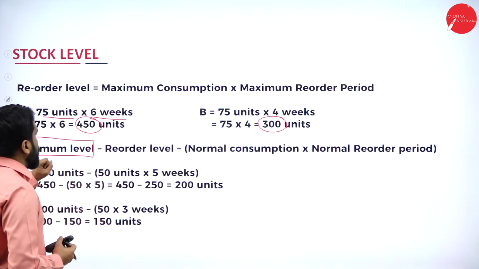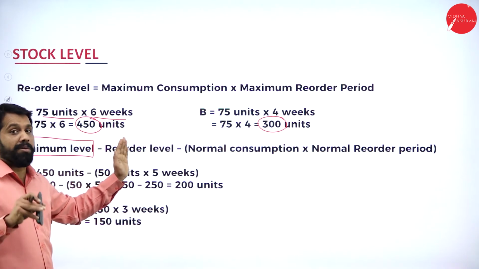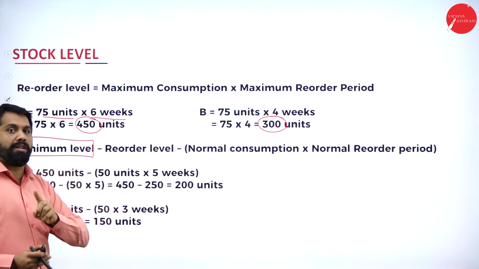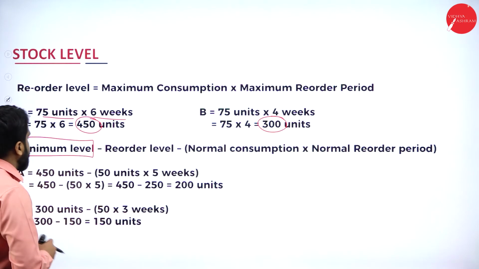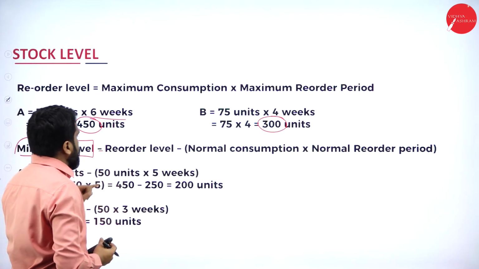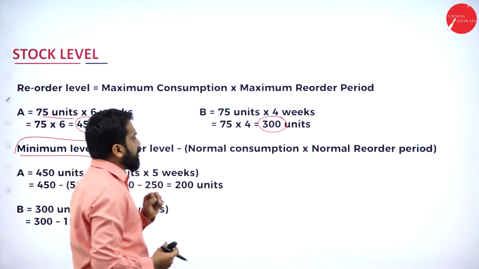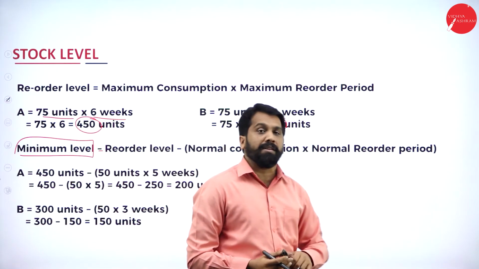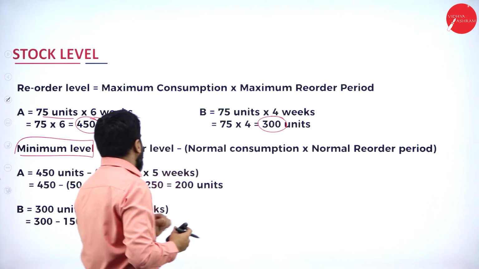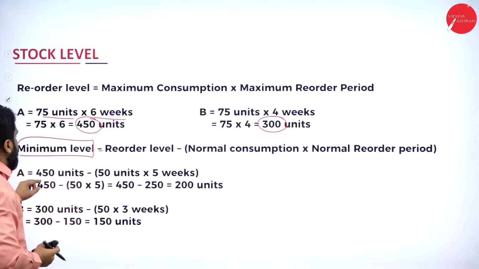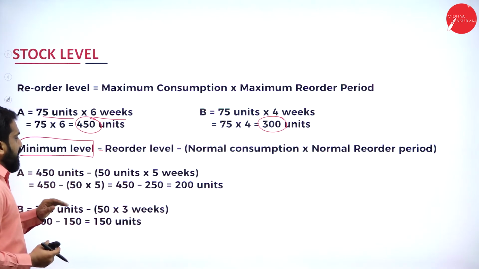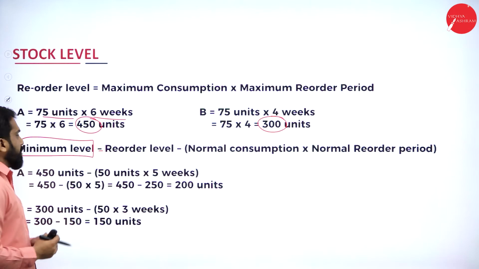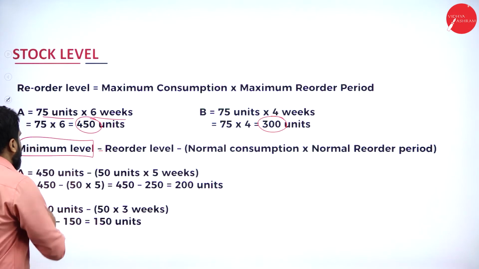If it is a minimum stock level, all comes normal. Now, minimum stock level is equal to reorder level minus normal consumption into normal reorder period. In this, A we are calculating separately and B we are calculating separately. What is the answer of A? 450.